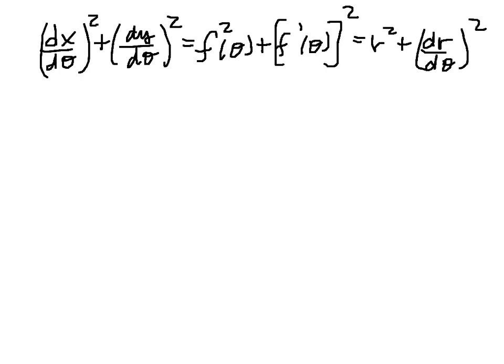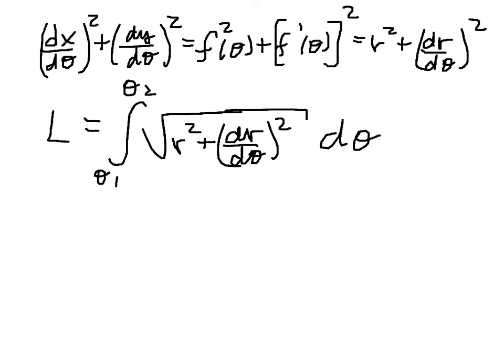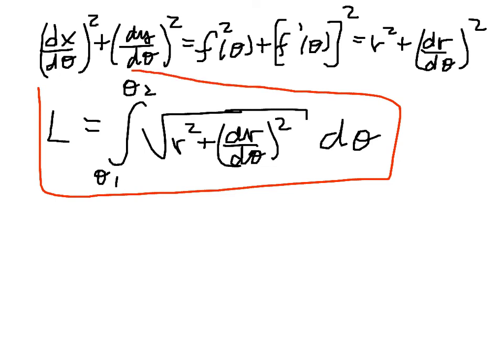So therefore, arc length is just going to be the integral from θ1 to θ2, depending upon what they are, of the square root of r² + (dr/dθ)² dθ. And that, oh students, is the formula for the arc length of a polar curve.